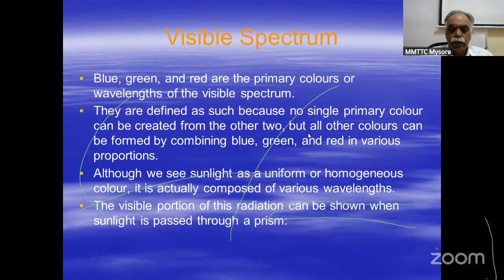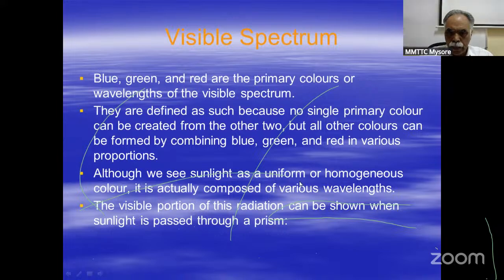So RGB makes 1 million colors. They are defined as such because no single primary color can be created from the other two, but all other colors can be formed by combining blue, green, and red in various proportions. So without these three colors, there cannot be more number of colors.